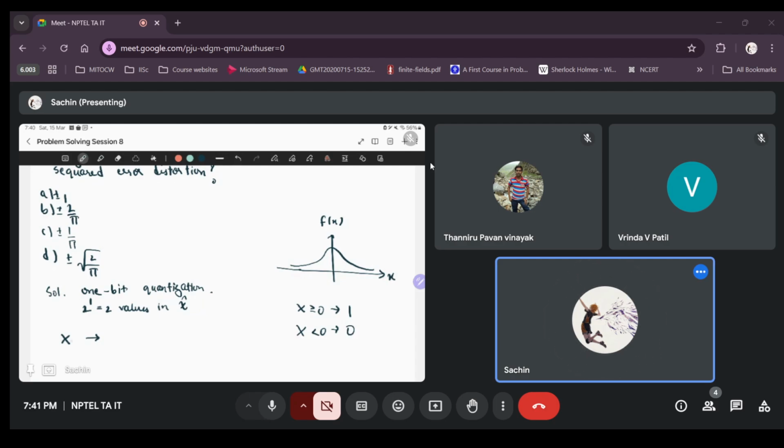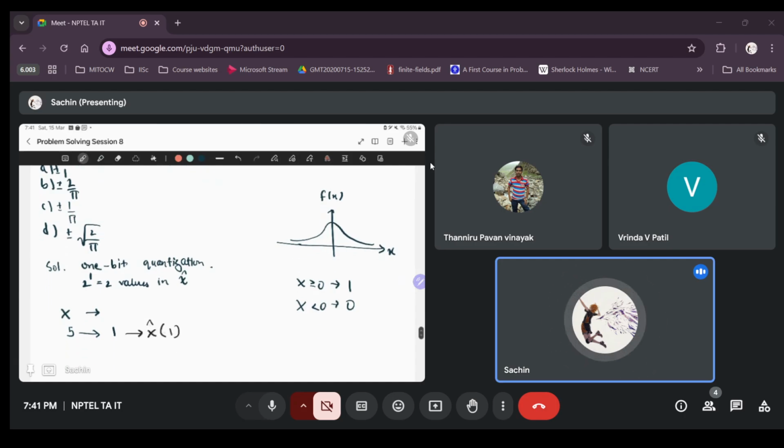Now, if my random variable x takes some value, say 5, then I encode it to 1. Let's say I transmit or store this one somewhere. Then someone else looks at the one, and from this one he has to give you an estimate of x.